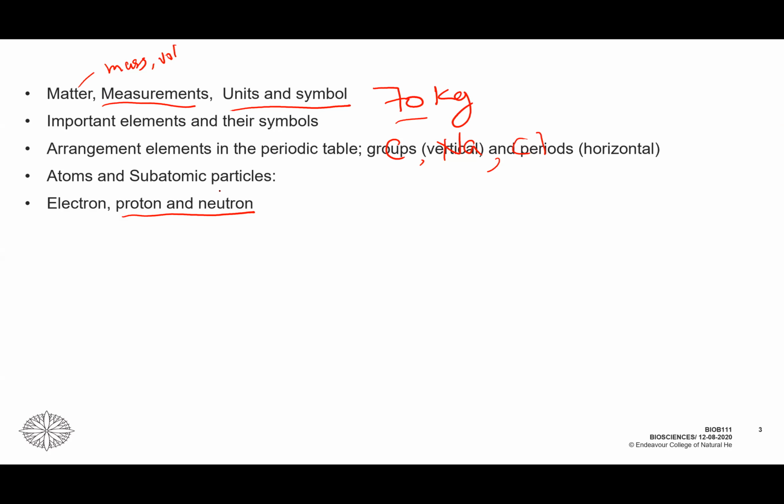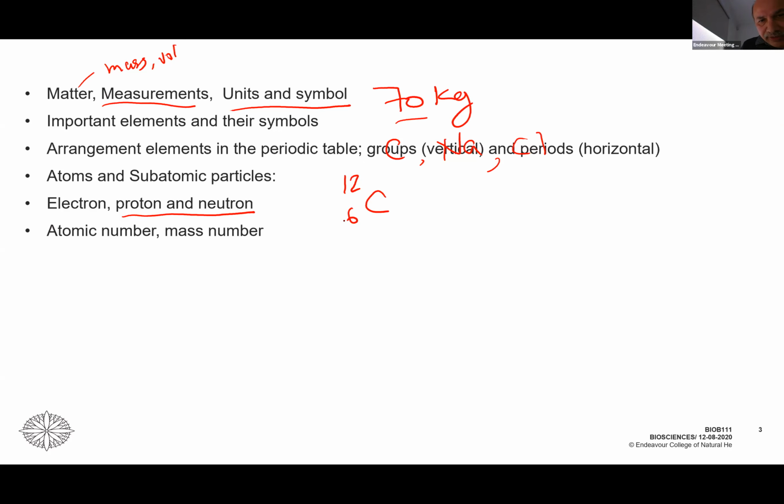Yes. I will use some examples as we go along, okay? Atomic number is the number of protons and mass number is the number of protons and neutrons. So let's use an example here. Carbon, C for carbon, C 12 and 6. So you have a big number and a small number here.